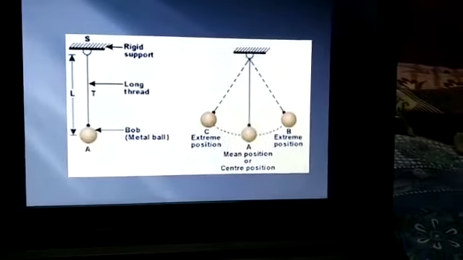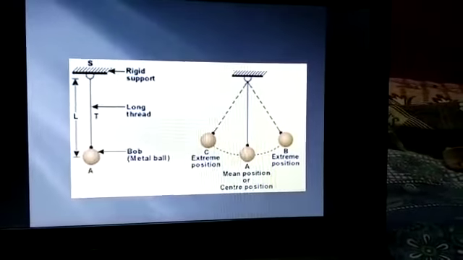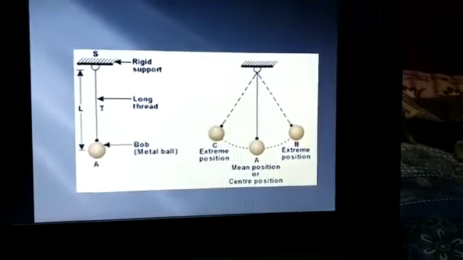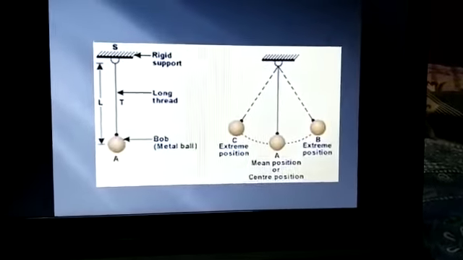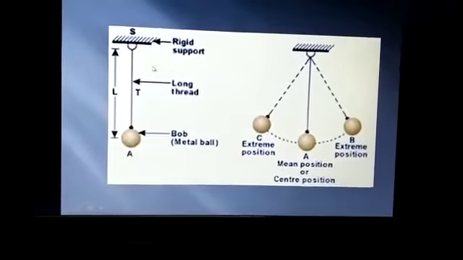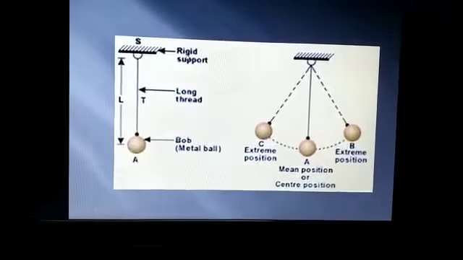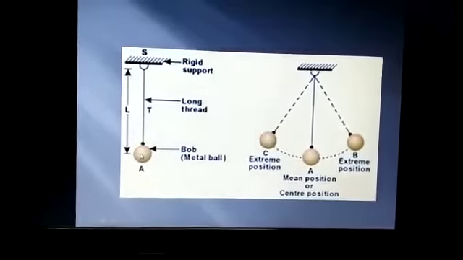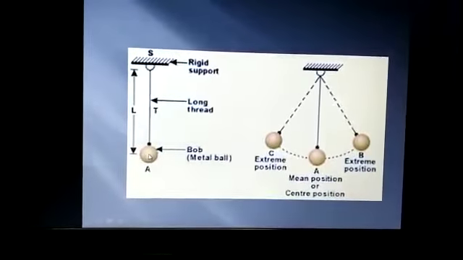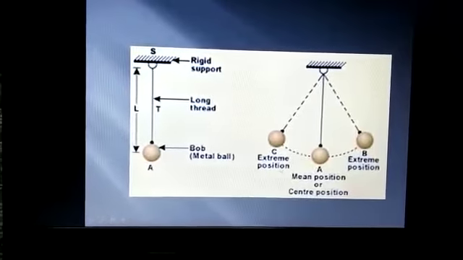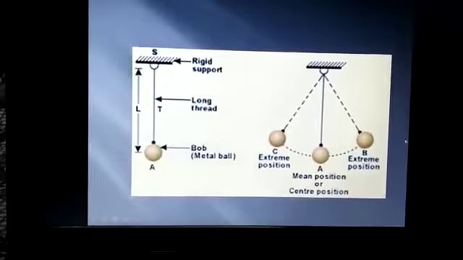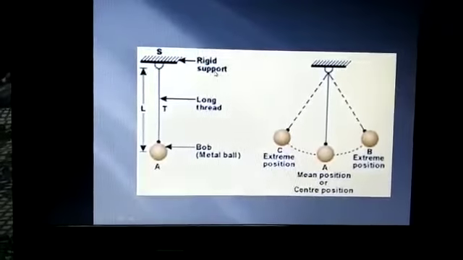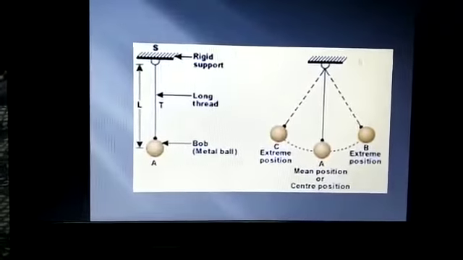Now, to know about the time period, we have one pendulum. It is called a simple pendulum. It has a long thread, a rigid support S, and a metal ball. It is called the bob. We are going to center this pendulum like this.